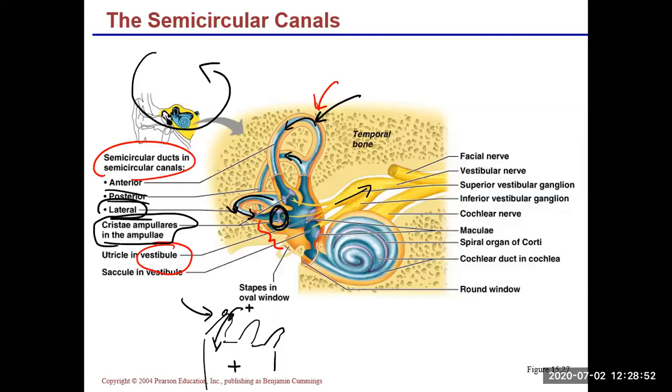But motion sickness is thought to be a miscommunication between the visual field and the vestibular and semicircular canals. So this summarizes what you needed to know for chapter 15. Let me go ahead and pause at this point.